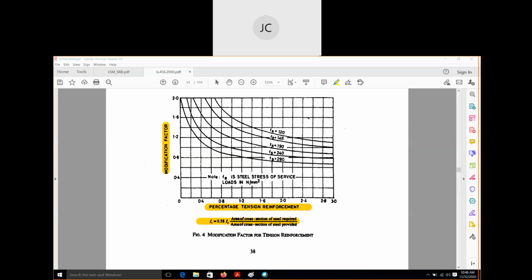Can you tell me how to find it? Without seeing the calculation in the PDF, do you have any idea how to find the value of K, along the y-axis, for Fs equal to 212?